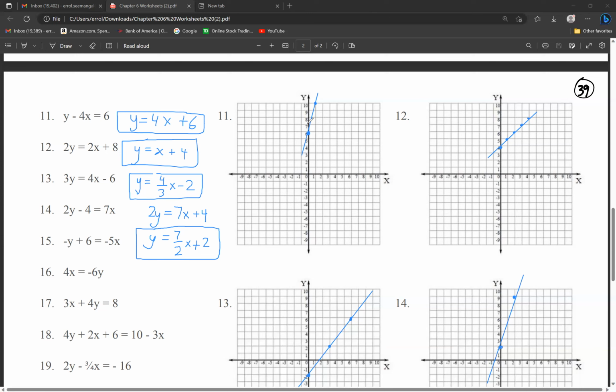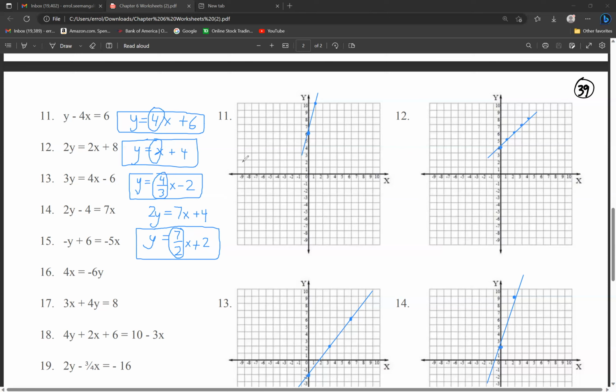Why do they all slope up to the right? Because they all have a positive slope. Yeah, exactly. 4, 1, 4/3, and 7/2 are all positive numbers. So we expect them to go up to the right because the slopes are positive.